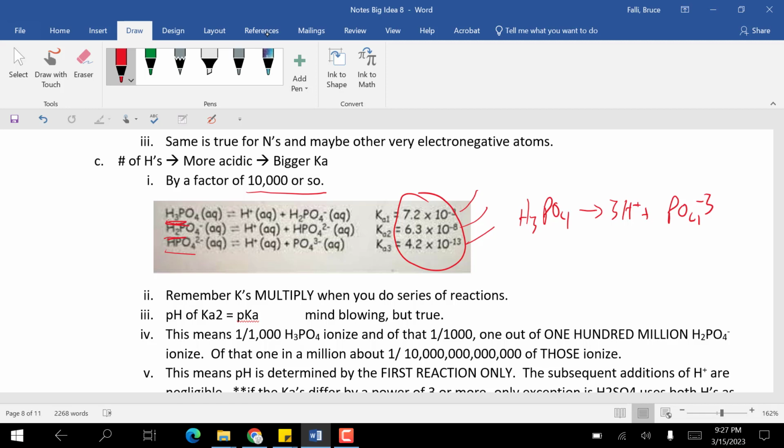So that's going to be 10 to the negative 21, something like 10 to the negative 24, meaning it ain't happening, my friend. Also, the pH of Ka2 equals pKa.